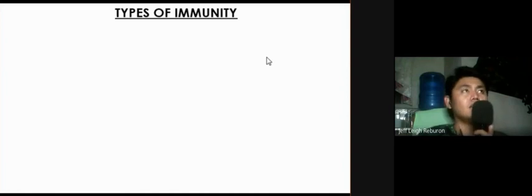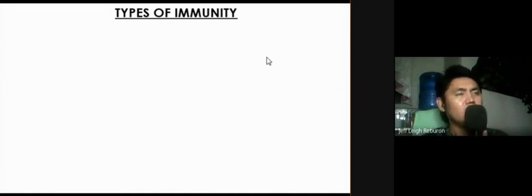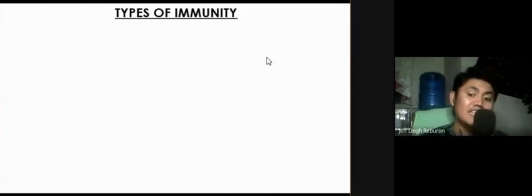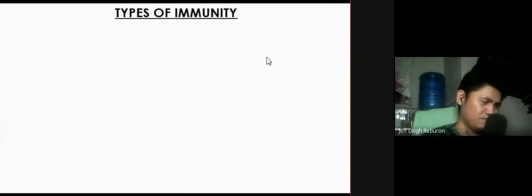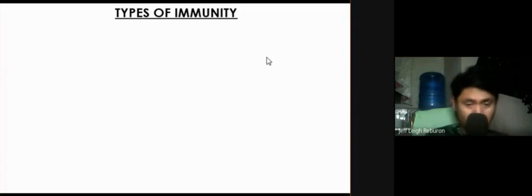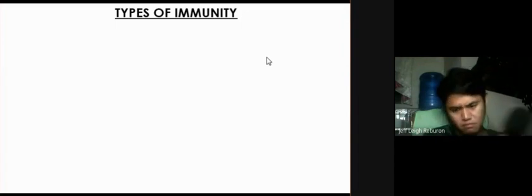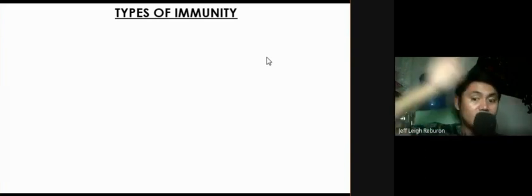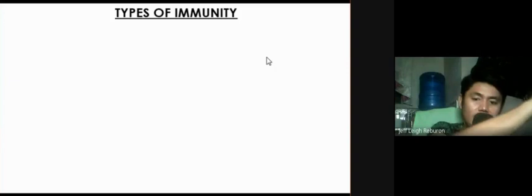Next, ang second term naman natin na i-define is what we call antigen. Pag sinabi nating antigen, these are the bad guys. These are the ones that produce diseases in our body. So your antigen may be in a form of bacteria, a virus, basta anything that can trigger the production of the antibody.